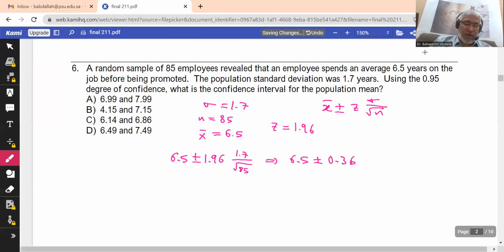So 6.5 minus 0.36 is 6.14, and 6.5 plus 0.36 is 6.68. So the answer is part C.